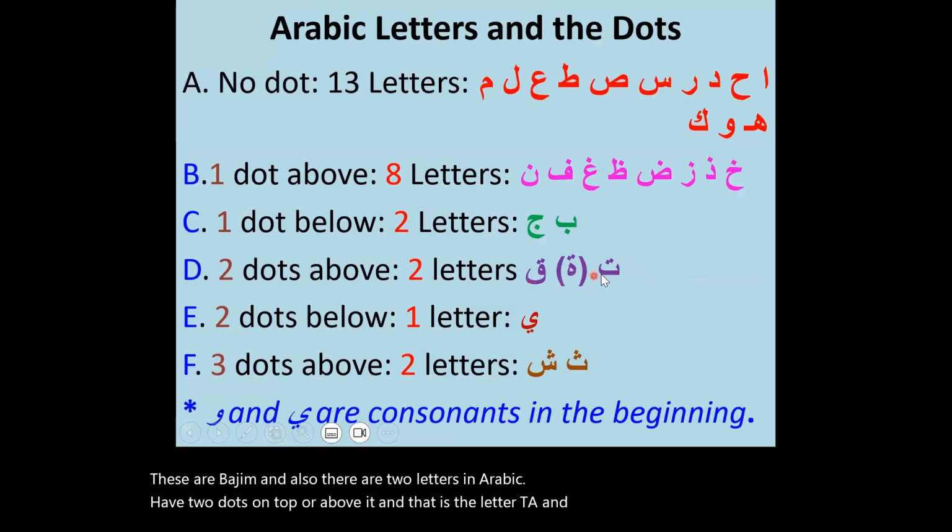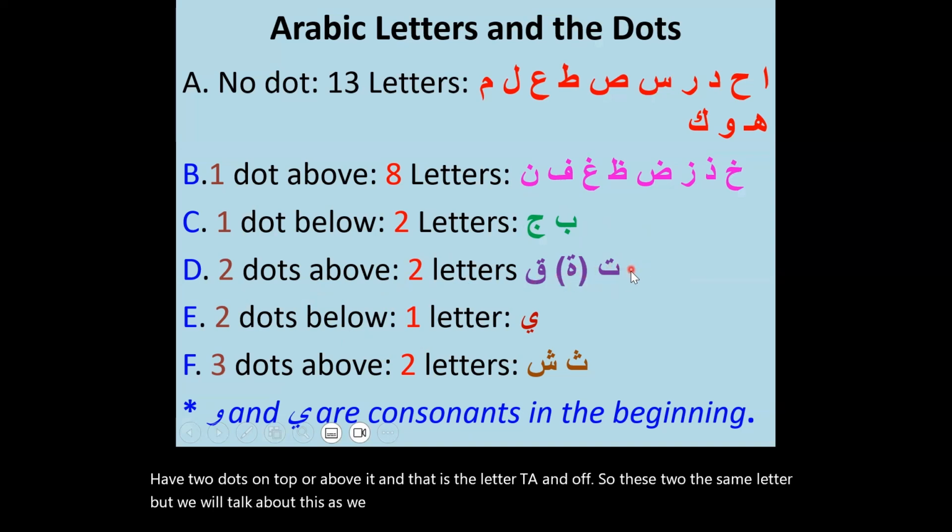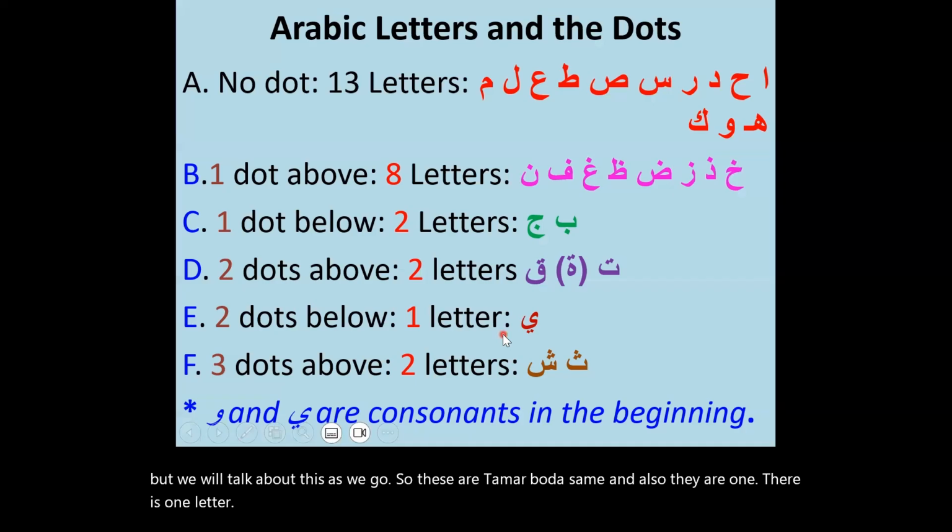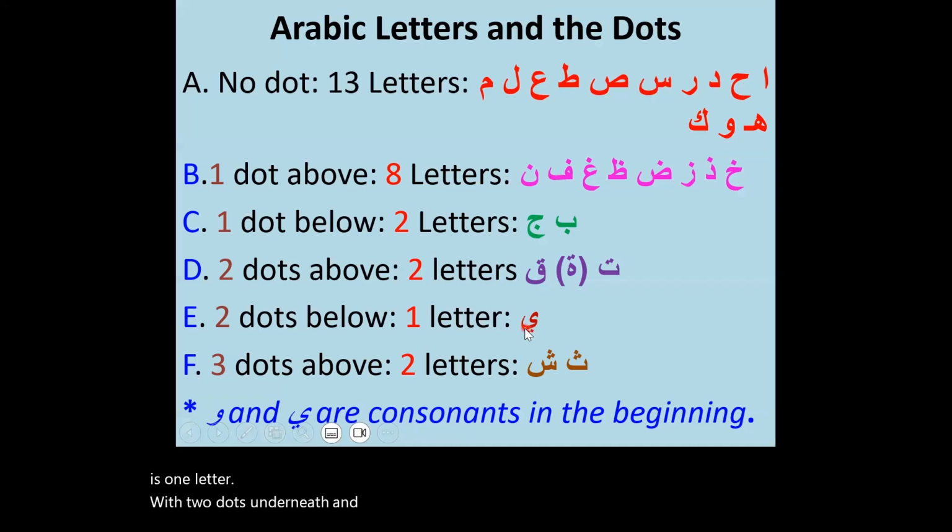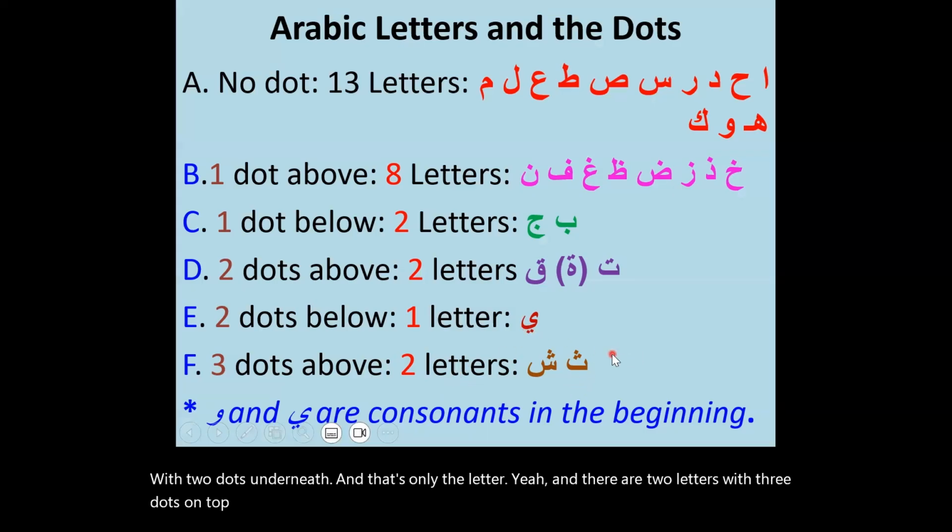So these two, the same letter, but we will talk about these as we go. So these are ta marbuta, same. And also there is one letter with 2 dots underneath, and that's only the letter ya. And there are 2 letters with 3 dots on top, and these 2 are tha and sheen.